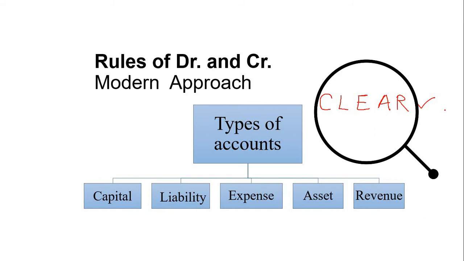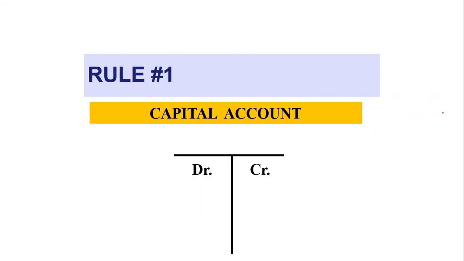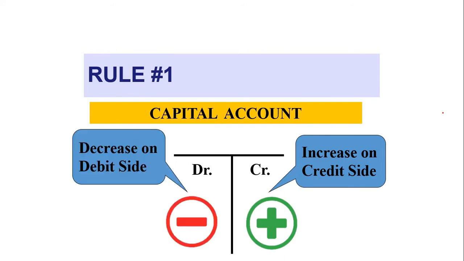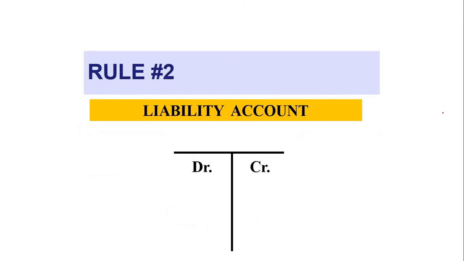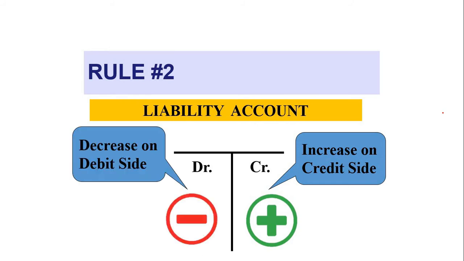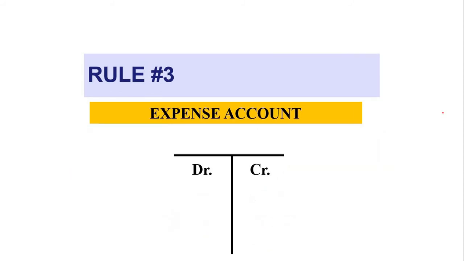Now coming to rules. Now coming to the first rule, that is for capital account. Please remember, increase is credited, decrease is debited. Coming to liabilities, the rule will remain same. Increase is credited and decrease is debited. Now coming to expenses, now the rule is opposite.